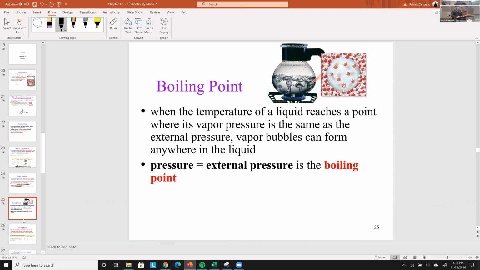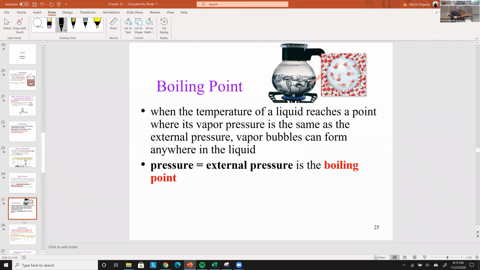So if you have the pressure of your surroundings, your external pressure, is the same as your vapor pressure, meaning your liquid can now all escape into a vapor. That's when it starts to boil, because the pressures are equal. There's no higher pressure of the surroundings pushing the liquid together anymore, since you heated it up to a point, the boiling point, where it is allowed to intermingle with the other gases that are in the environment.